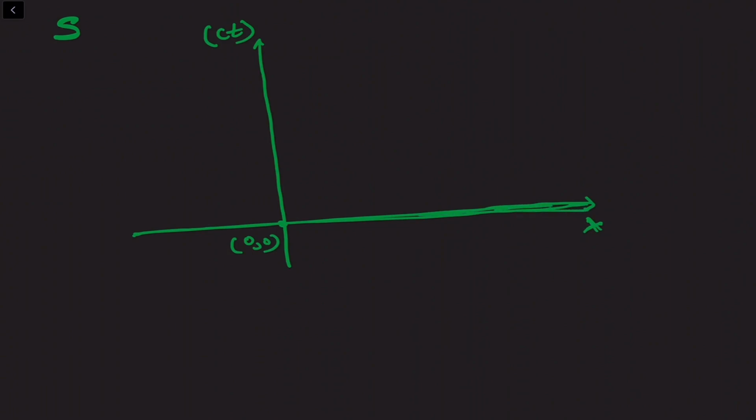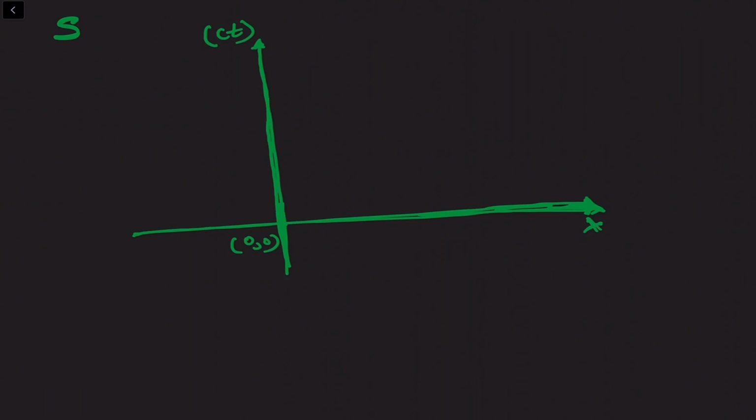Okay, so this defines our x-axis. And similarly, we can define the position where x is equal to 0 and take all possible time values, and that defines our y-axis of the space-time diagram.